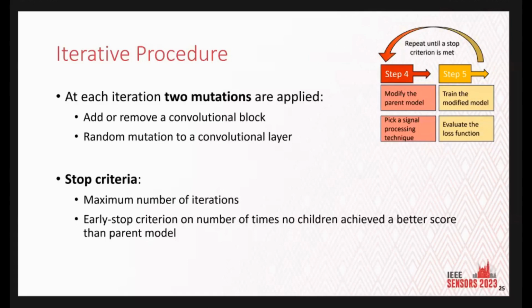The second mutation is a random mutation to one of the existing convolutional layers, so changing, for example, the number of filters or the kernel size. The stop criteria were a maximum number of iterations, and also an early stop criterion on the number of times no child achieved a better score than the parent model, where a child is the modified model.